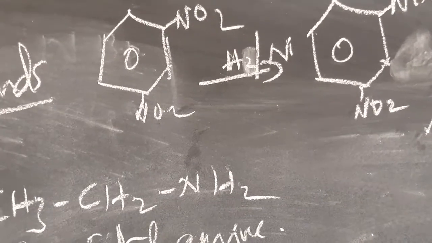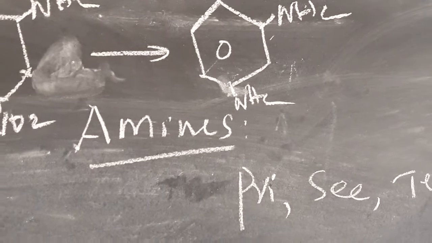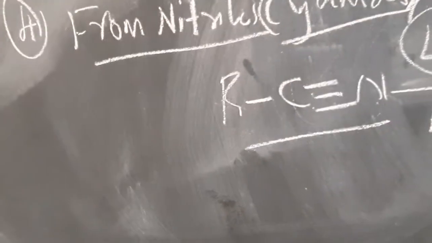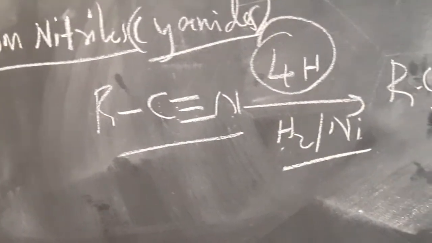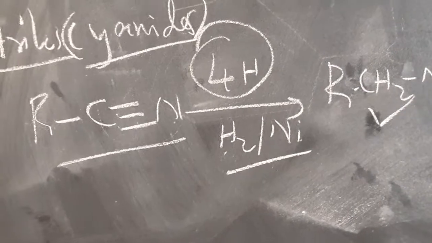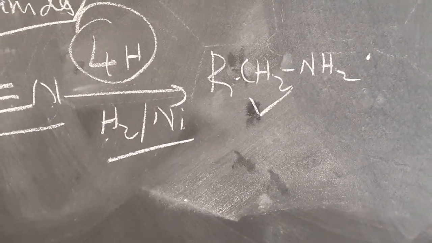Another reduction reaction is from nitriles. Take any cyanide or nitrile, and with hydrogen and nickel reduction the CN group is changed into CH2NH2. That is also a primary amine.